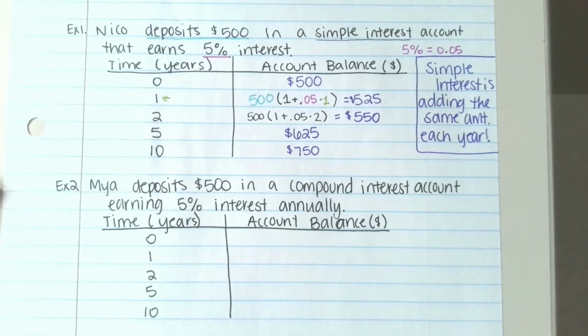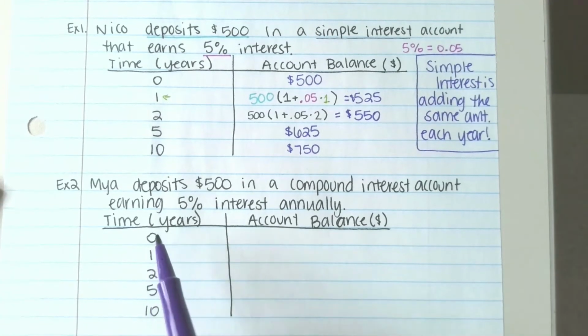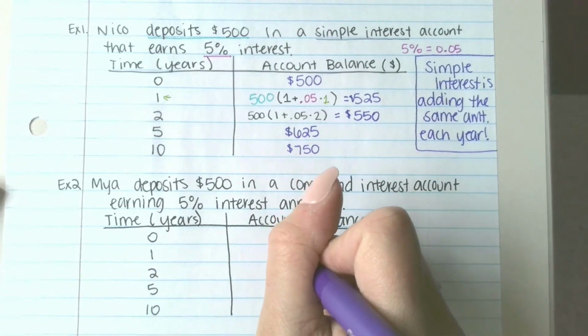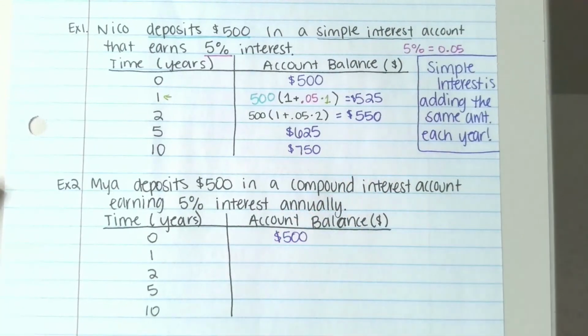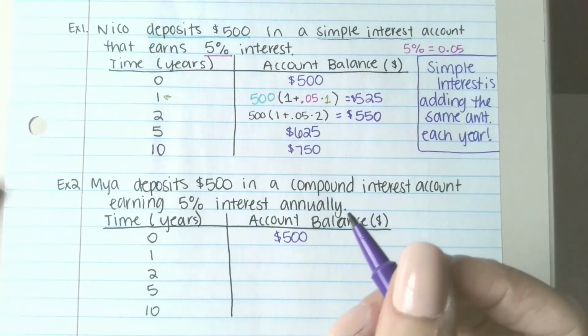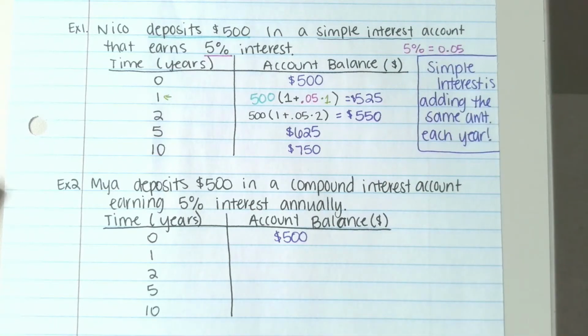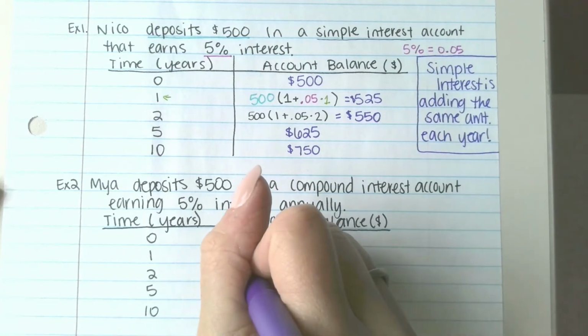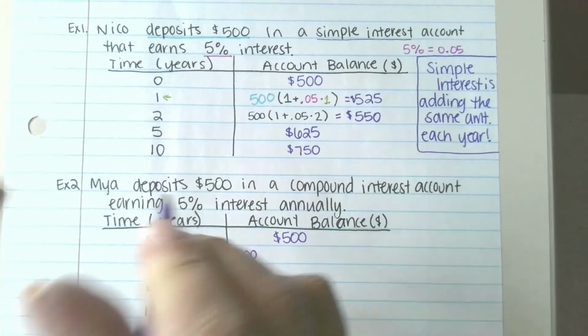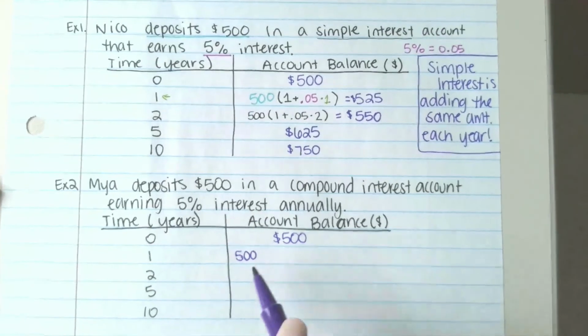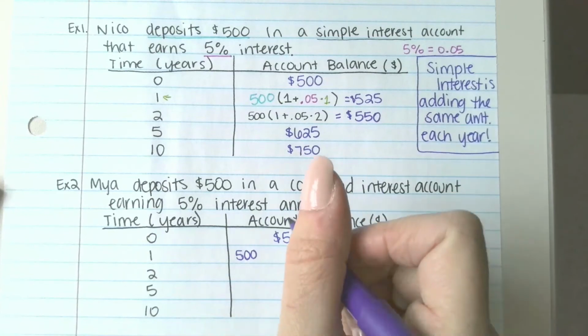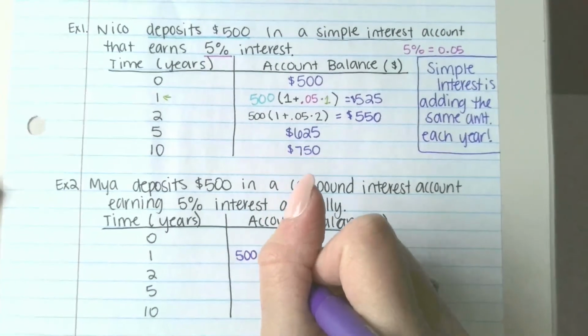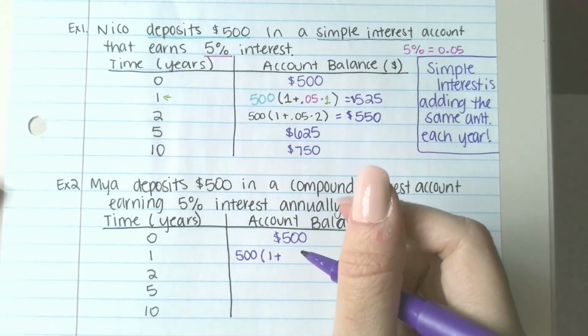So we know that at 0 years, at the very beginning, she is depositing the same amount. So she's starting with 500. Now let's set up our compound interest formula. So that tells me that I put my principal first. My starting amount is 500, parentheses 1 plus my rate as a decimal.